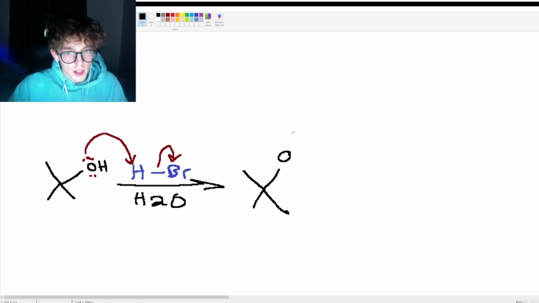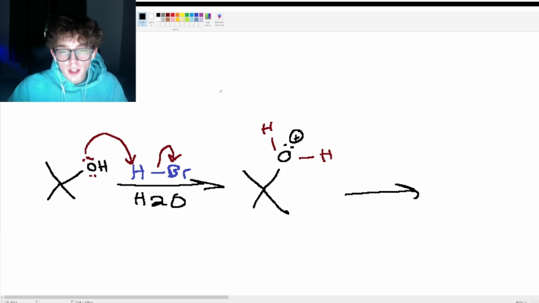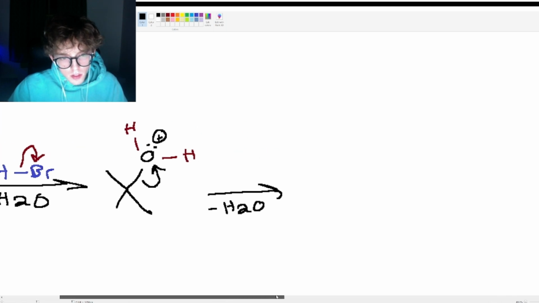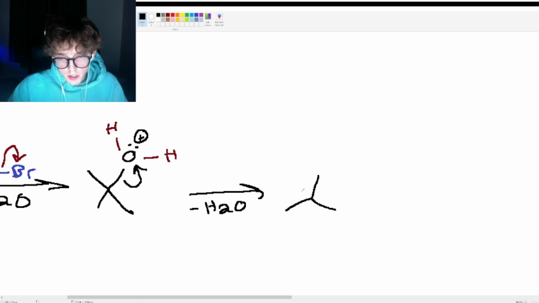And remember, we get that good leaving water group. So we have water, it's ready to leave. Well, actually, before any of that happens, this leaving group is just going to up and leave, right? So we're going to lose water. And then we have a tertiary carbocation, and then that's when your bromine comes in.